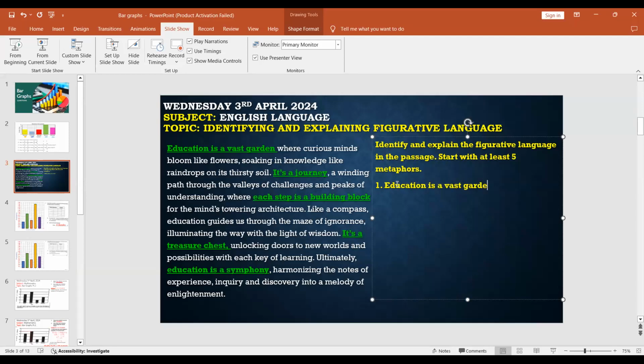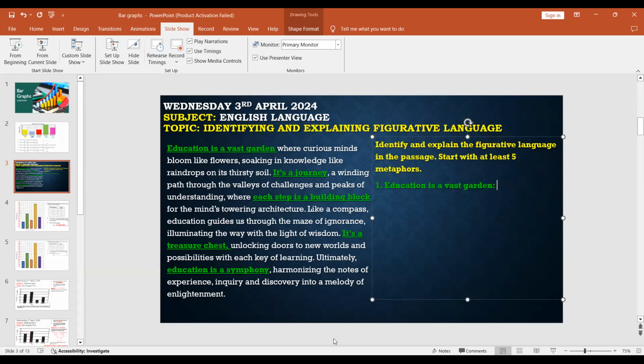Where is Brashawn? Are you there? Okay, how can we explain education is a vast garden? We can say it keeps growing, or something like that.